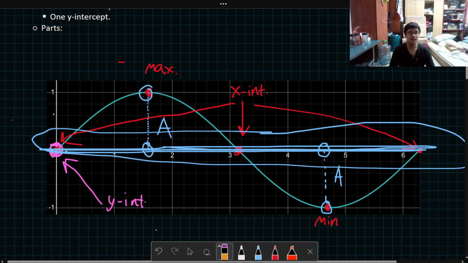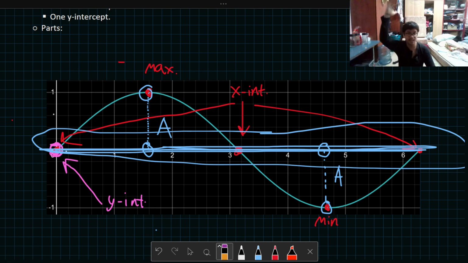But there's one thing that I would also like to include in these parts of the trigonometric function. First, you should be familiar with these parts, because I'm going to erase them. So again, the maximum point is basically the peak on the top. The minimum point is the peak, but below.